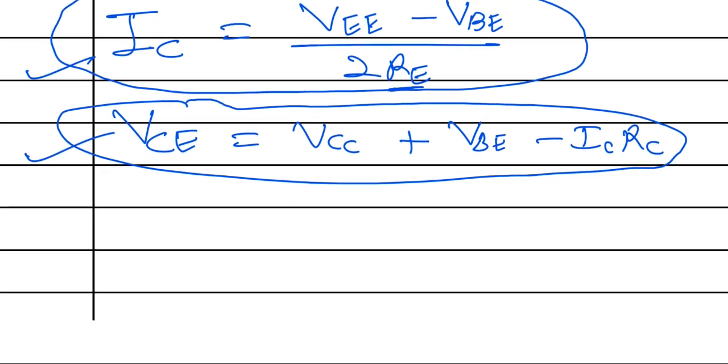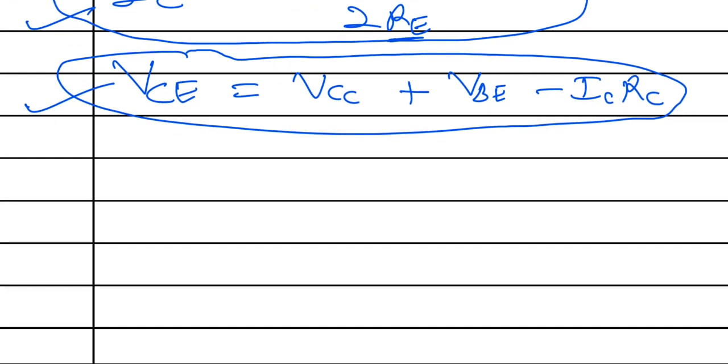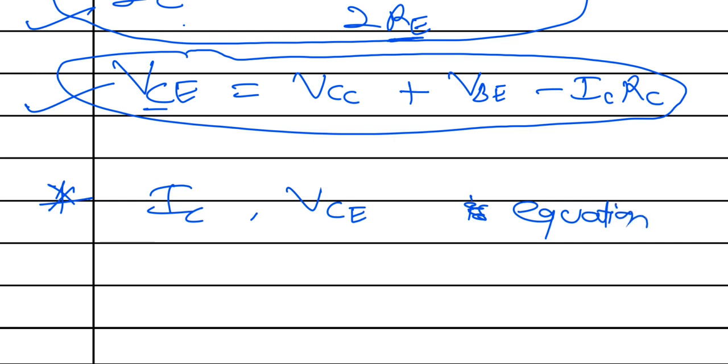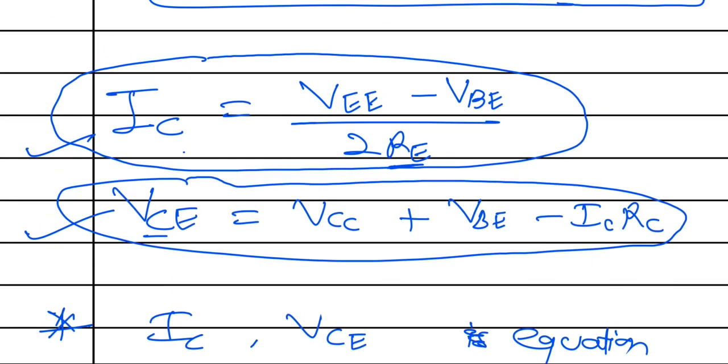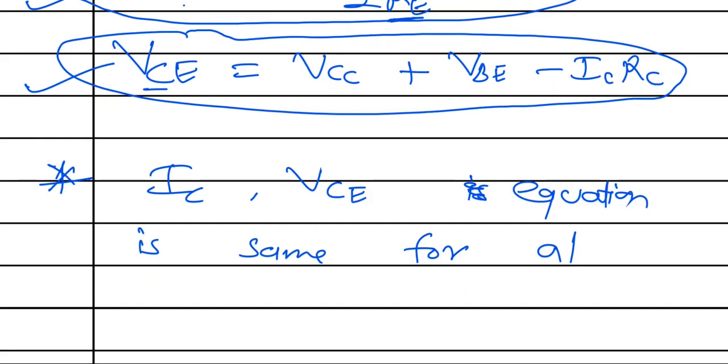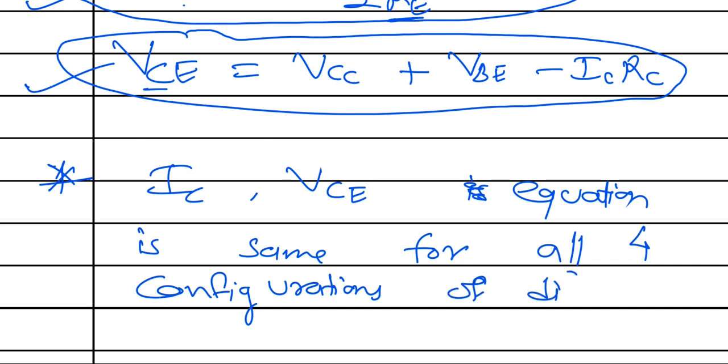Then the second and last important point is that these two expressions, the collector current and collector to emitter voltage expressions, are the same for all four configurations of the differential amplifier.